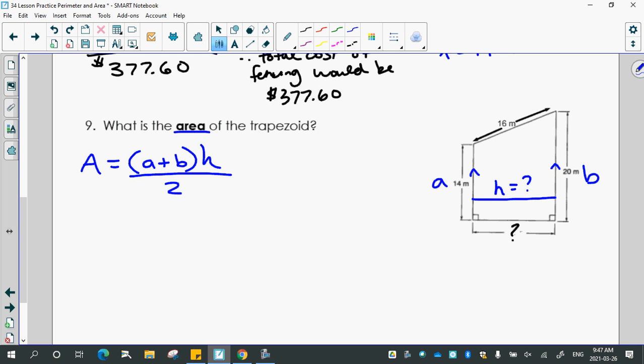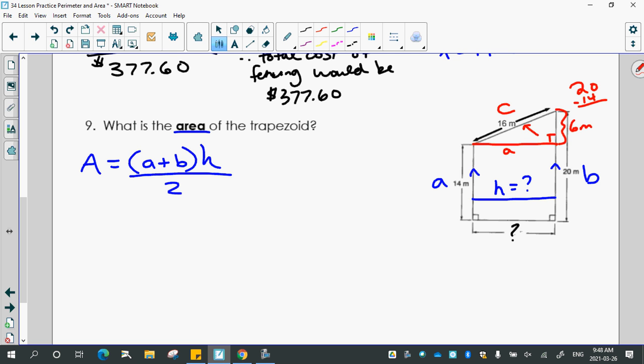Any ideas on how we could find it out? Johan? Pythagorean theorem. So I can make a triangle here, and there's my right angle. So that makes this side C. This is the side I want. How can I figure out what this side is? Johan? 20 minus 14. So this whole big side, take away the 14, gives me 6 meters.